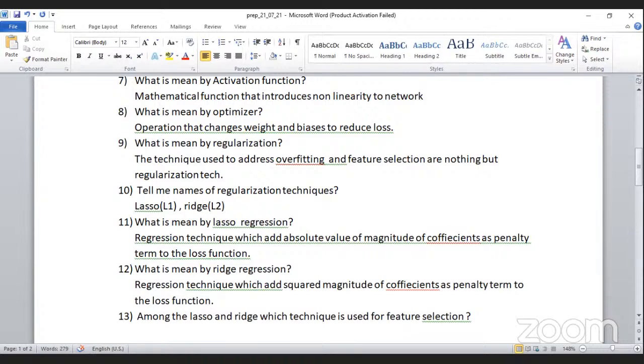Can you justify the answer? Everyone is giving the right answer, that lasso. Do you have a justification for that? Just type it in the chat window.